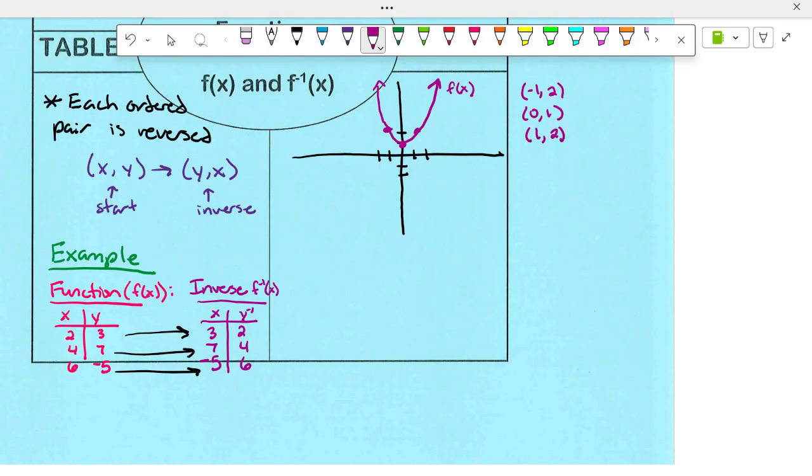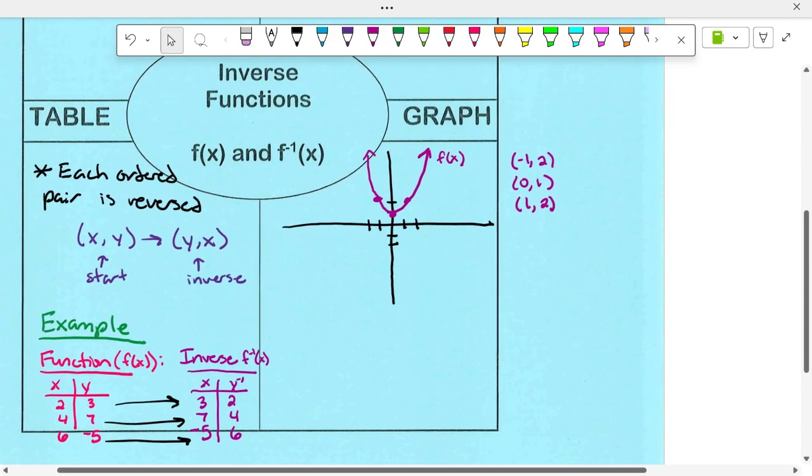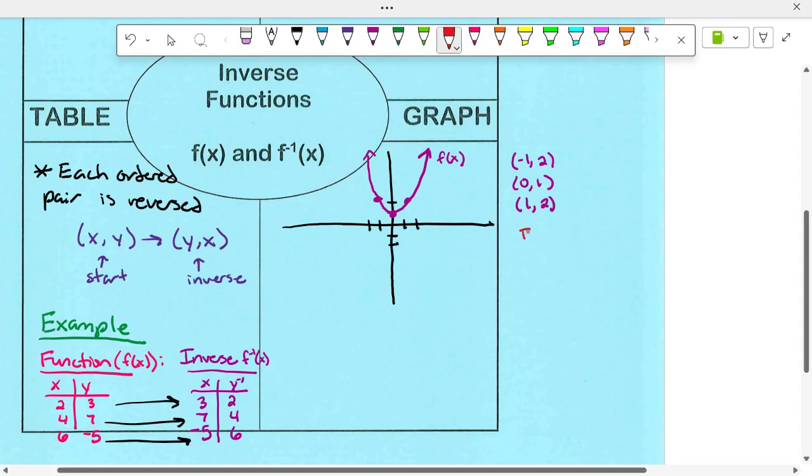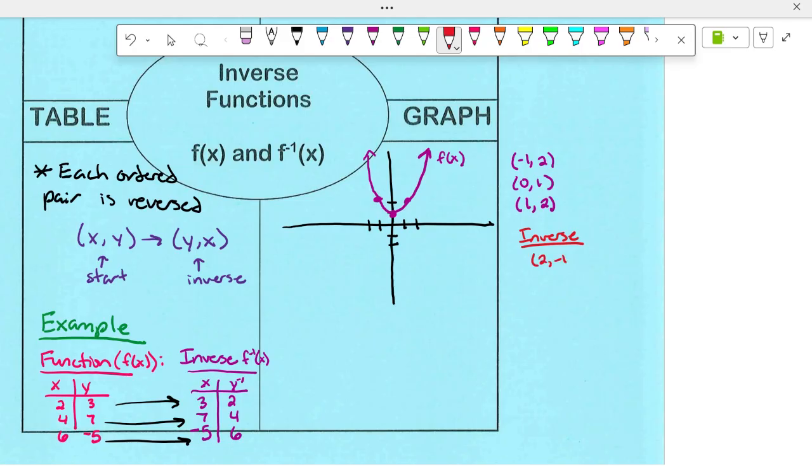So those are my original function. What would my inverse points be? What points would I graph for my inverse? (2, -1), then (1, 0), then (2, 1).